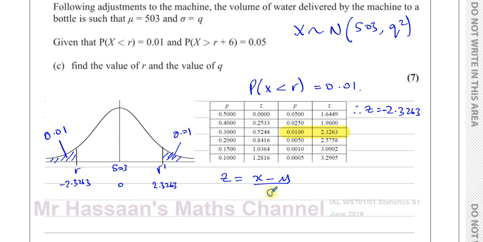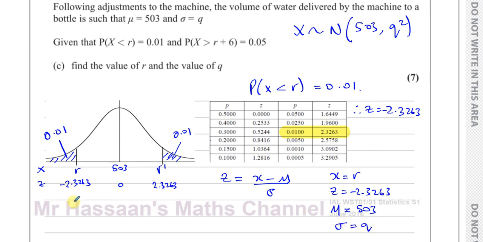Now with that, I can set up an equation because, as I said, z equals x minus mu over the standard deviation sigma. In this case, we know that x is equal to r, the actual value. We know the z value is negative 2.3263. And we do know mu is equal to 503. But what we don't know is the standard deviation, we've called it q now.